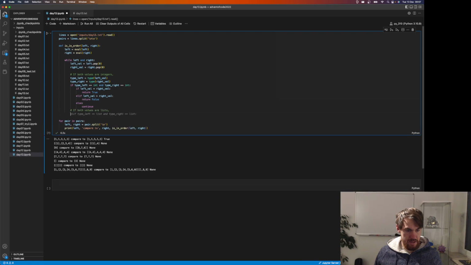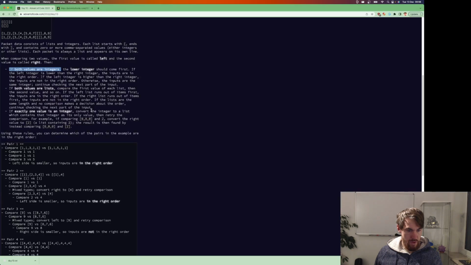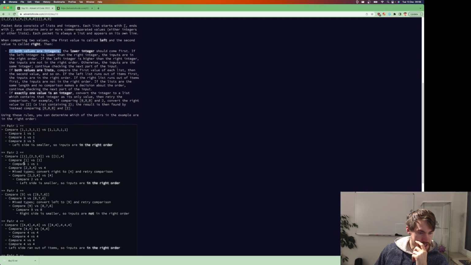Yes, indeed. Compare the first value of each list, then the second value. If the left list runs out of items first, so this is this case, right?